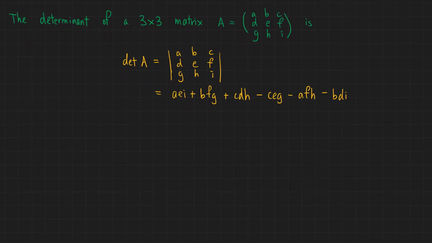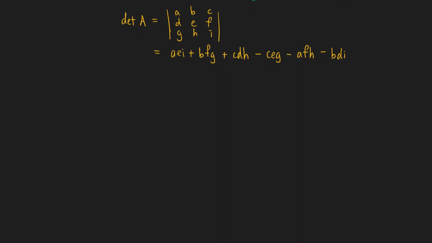It is hard to see why this number defined for the matrix has anything to do with its invertibility, but we will slowly develop concepts and properties around this number, and finally show that the matrix is invertible if and only if this number is non-zero.